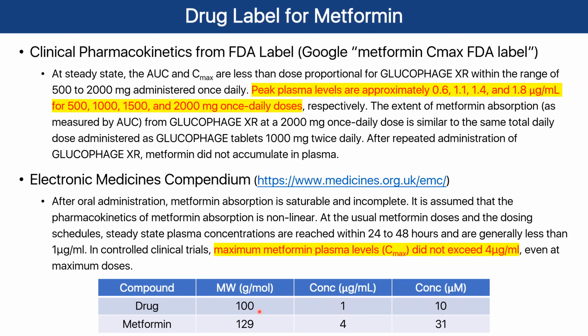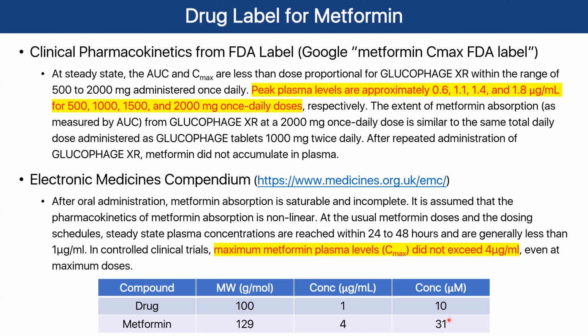If you increase the molecular weight, the concentration will decrease, and if you increase the mass concentration, the molar concentration will also increase proportionally. So if you do that, you can calculate that for metformin, 4 microgram per ml corresponds to about 30 micromolar. This is consistent with what the previous review mentioned, that the maximum concentration for metformin is 40 to 70 micromolar.